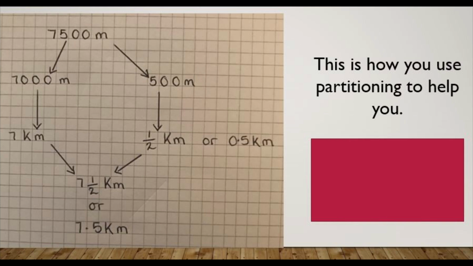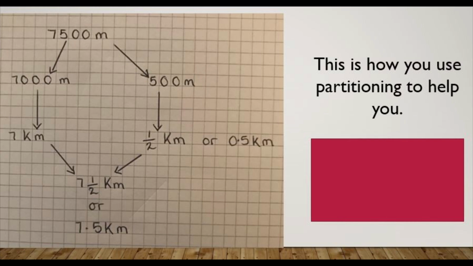So I have started with my 7,500 metres, and I'm going to convert it to kilometres. But I have used partitioning to help me, because that number all in one go, 7,500, it's quite a big number. So you can see here on the left hand side that I have split up my 7,500 into 7,000 and 500.